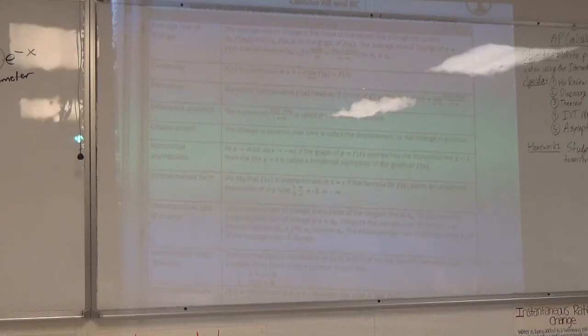Well, for x greater than or equal to 0, the horizontal line y equals 2 is there. End behavior says, as I'm heading out towards infinity, the graph gets closer to 1. That's what this one says. That is not what this one says.